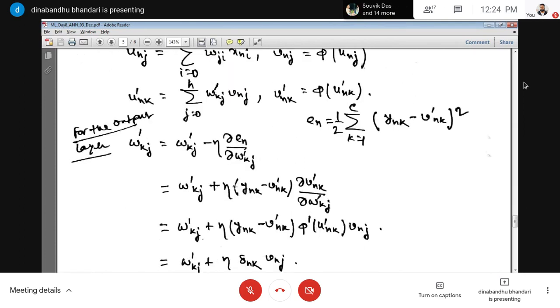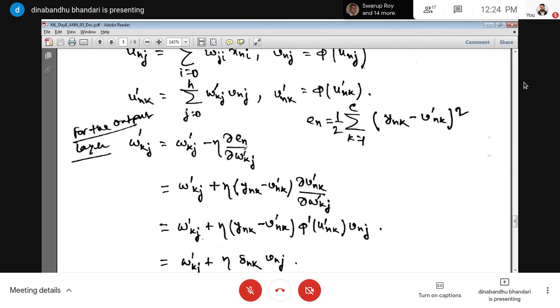This particular computation is a bit complicated, but it does not matter. If you just keep yourself cool and calm and follow the simple mathematical steps, you will be able to reach it.